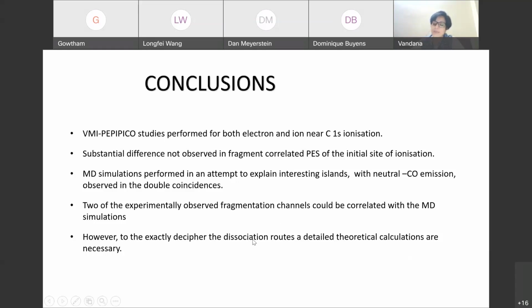Even the kinetic energy we saw matches quite well with the temperature simulated in the molecular dynamics simulation. However, to really decipher the dissociation route, we need a detailed theoretical calculation.